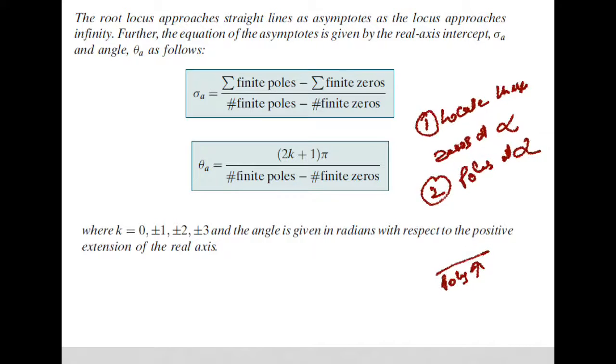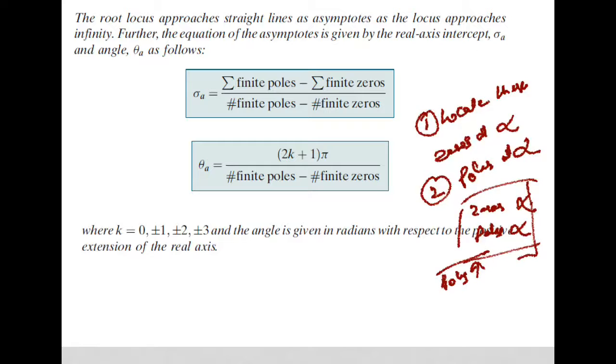So rule 5 will tell us what the root locus looks like as it approaches the zeros at infinity, or moves from poles at infinity. So this rule number 5 will tell us.